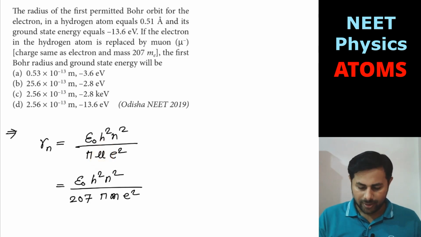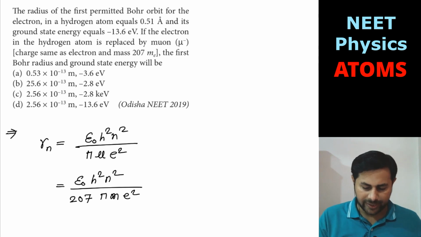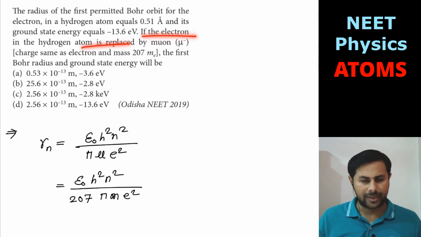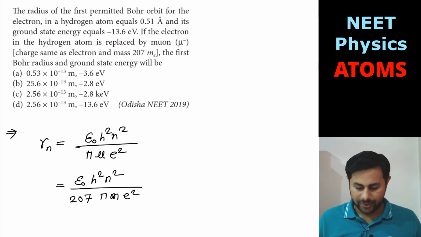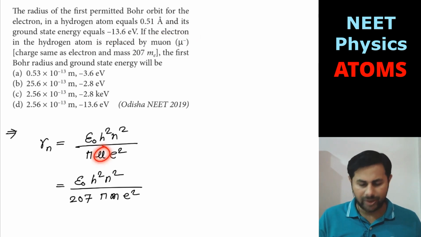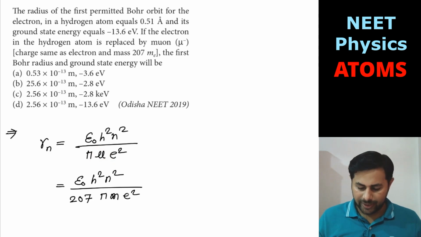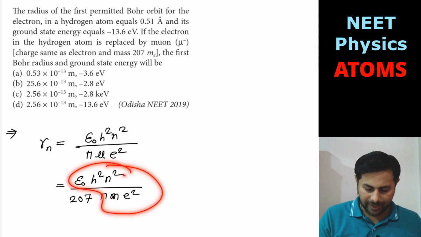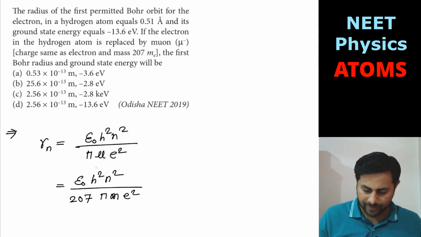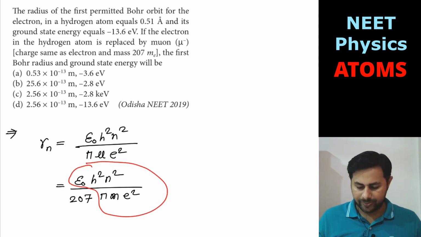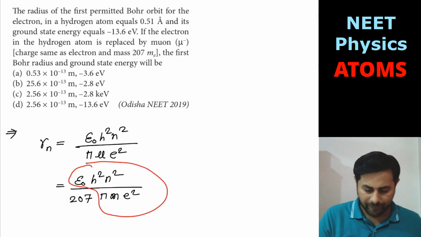Because in the question they are saying, if the electron in hydrogen atom is replaced by muon, therefore we have replaced mass of electron by mass of muon. So for n equal to 1, this thing is the first Bohr orbit, right? So this is just a naught divided by 207.